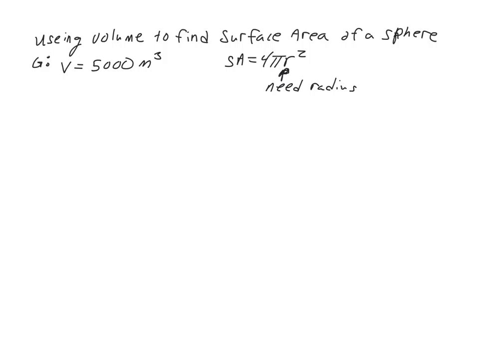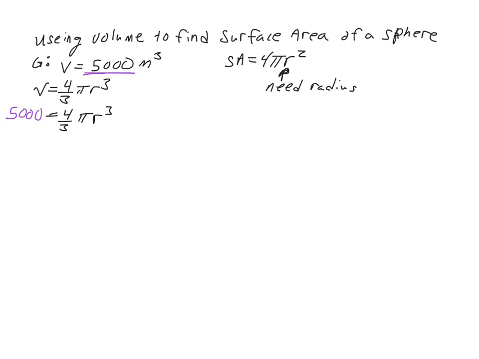Volume is equal to 4/3 pi r cubed, so it also has a radius in it, and I can use this to find my radius. I already know my volume, it's 5,000, so I'm going to plug that in for the V. That gives me 5,000 is equal to 4/3 pi r cubed.